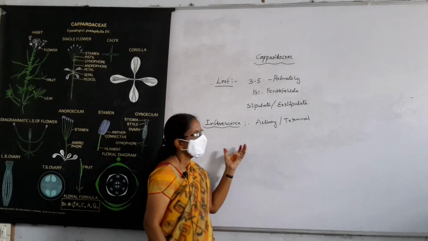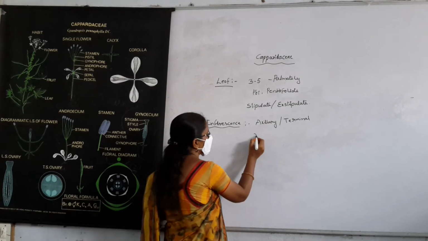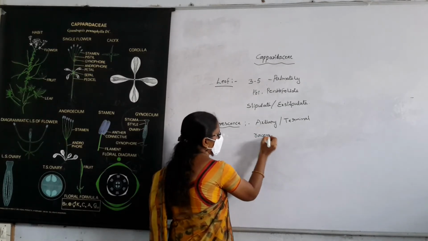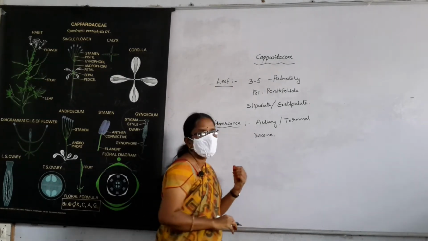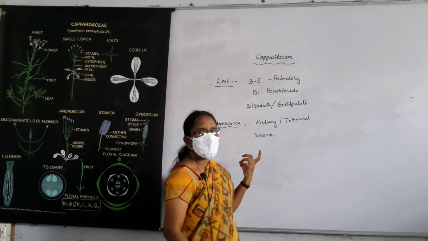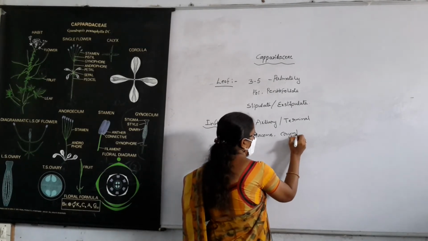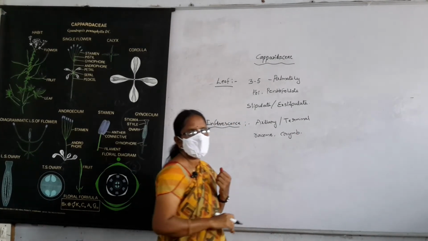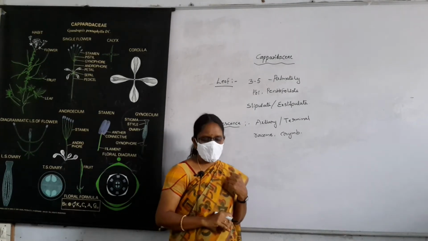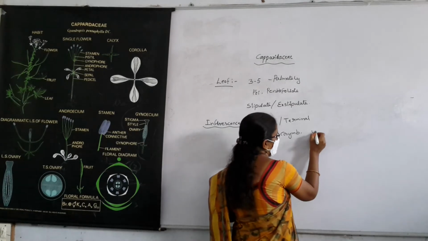The inflorescence is a raceme inflorescence. Normally it is a corymb inflorescence, and in some plants, rarely, an umbel inflorescence is present in Capparidaceae.